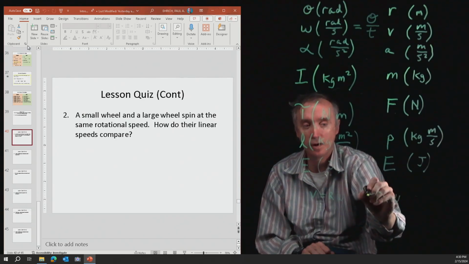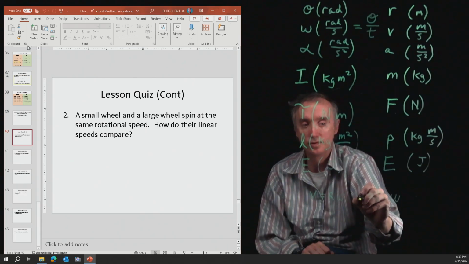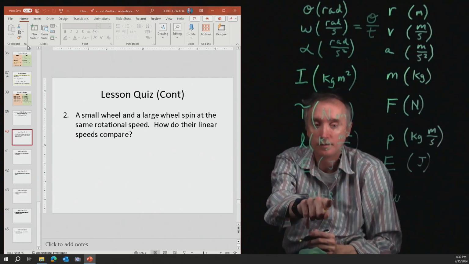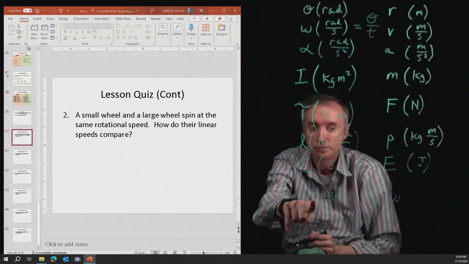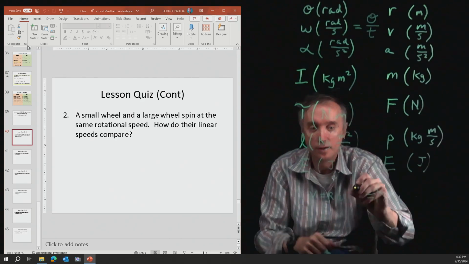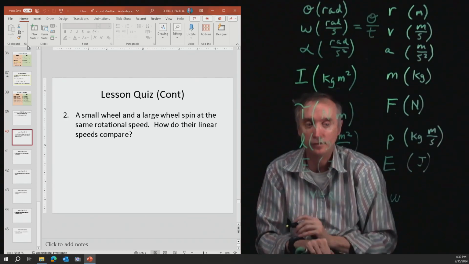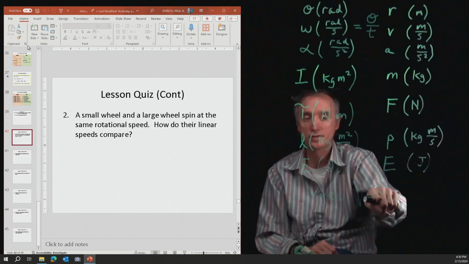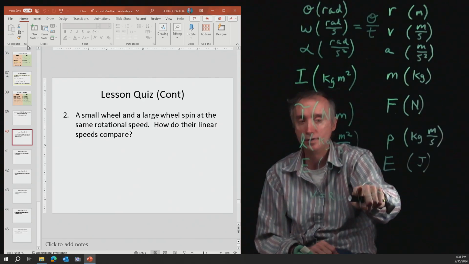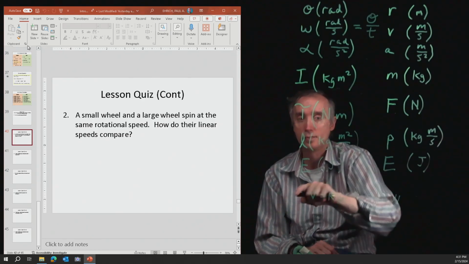So this is also going to be equal to v. But notice, if this is a small r, that's a small v. If this is a big R, this would be a big V. So therefore, the large wheel is going to have a greater linear speed than the small wheel.